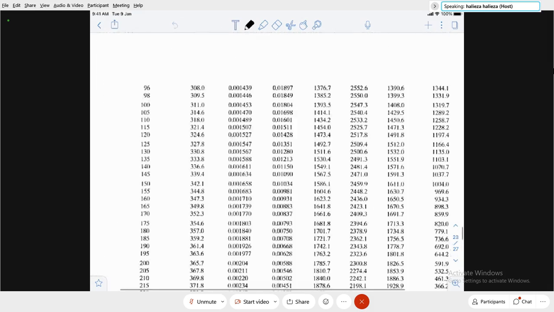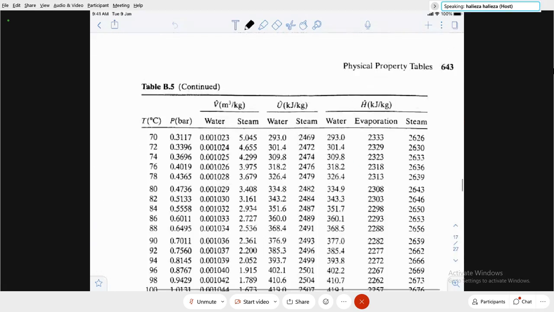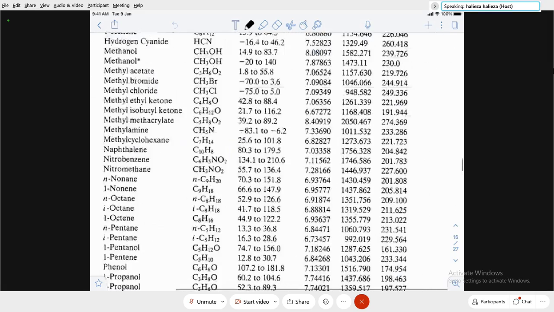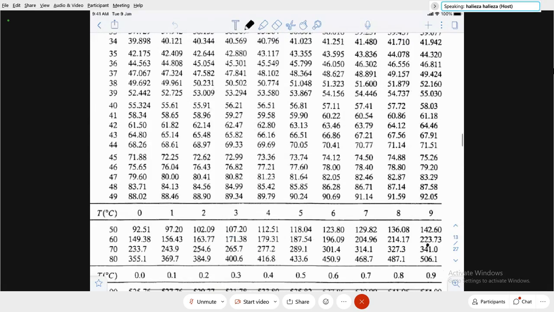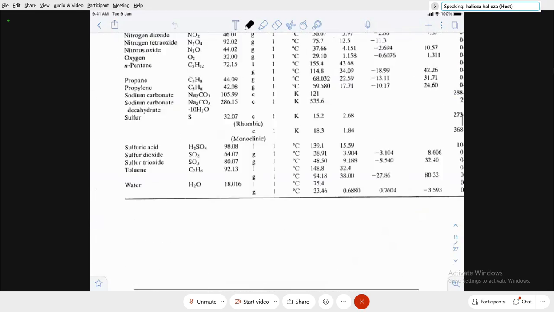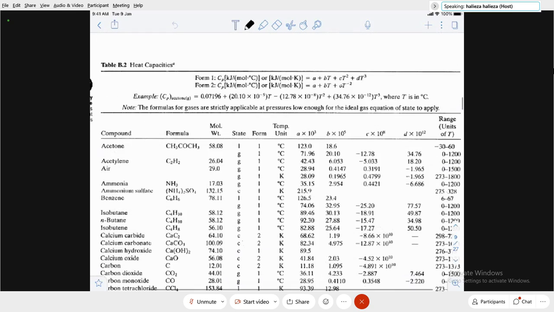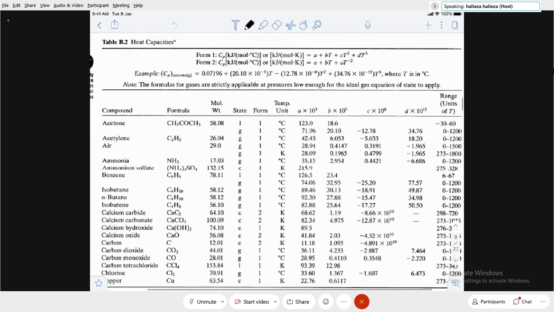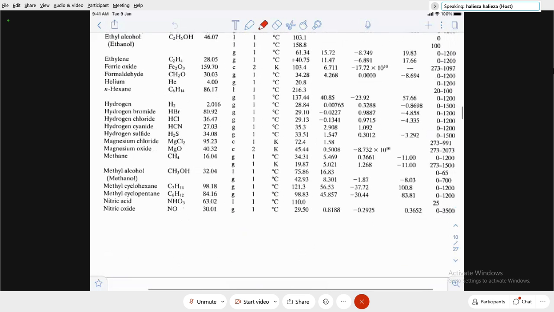A lot of scrolling up and down, but we cannot avoid that. So appendix not B1, B2, sorry, B2. We need to get the coefficient of the polynomial equation. Okay, methane. This is appendix B2. So let's look for methane. This is methane.